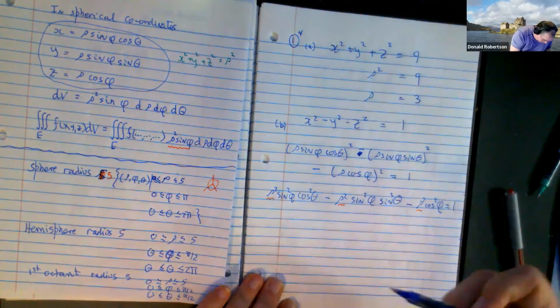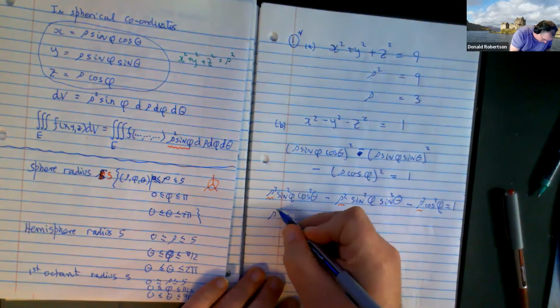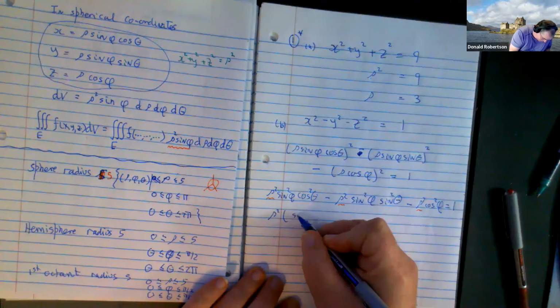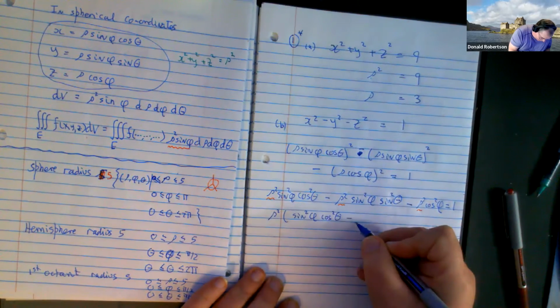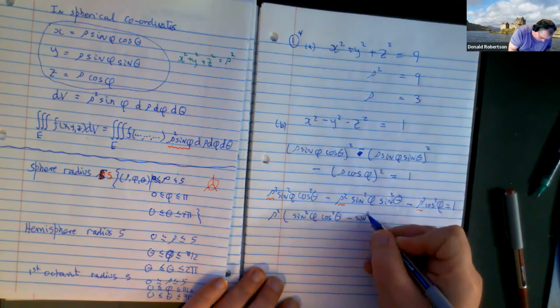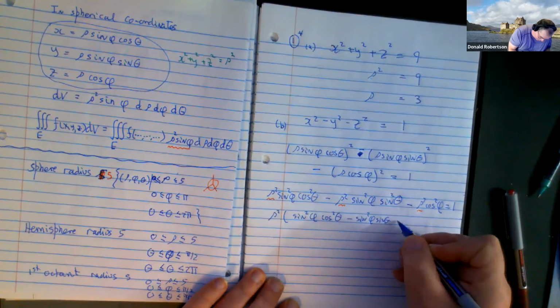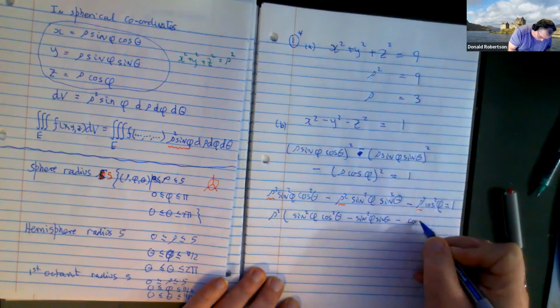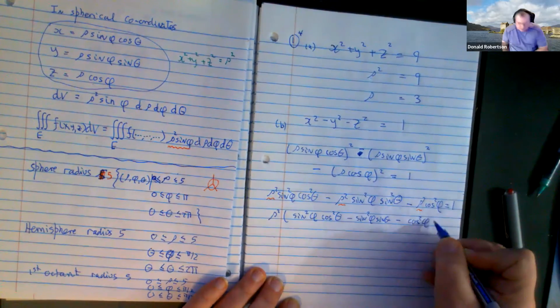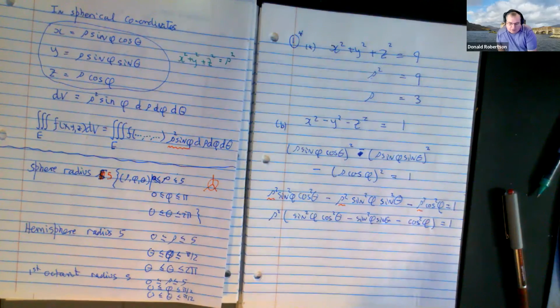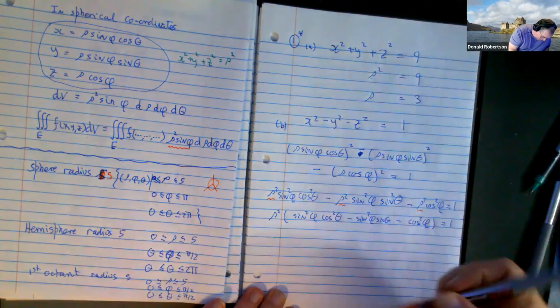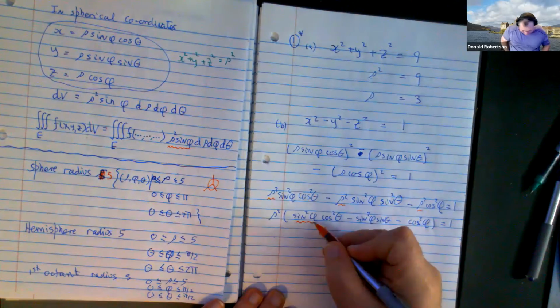So I'm going to pull that out as a common factor. And don't worry about the 1, we'll never be able to fix that. Now, it's not that common, but sometimes you have to do it.